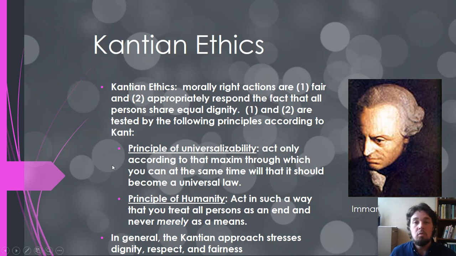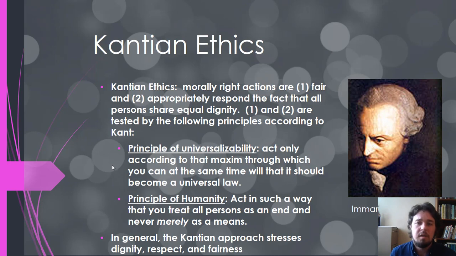A maxim is a rule that we give ourselves, and it tells us how we're going to act and why we're going to do that thing. So we give ourselves sort of rules of action all the time. You might say, I'm going to get up every day at 7 o'clock in order to get more done throughout the day. So that's basically a maxim.